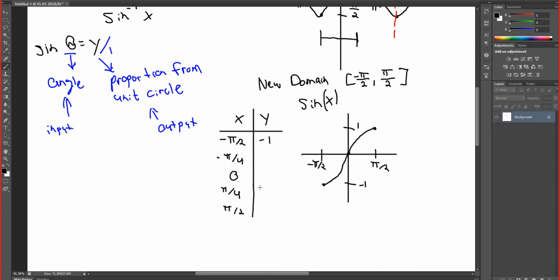Does anyone recall the value for sine at pi/4? I'm assuming no. So for sine at pi/4, it's √2/2. So at -pi/4 will be the same. And then we have 0 and +1. Okay.